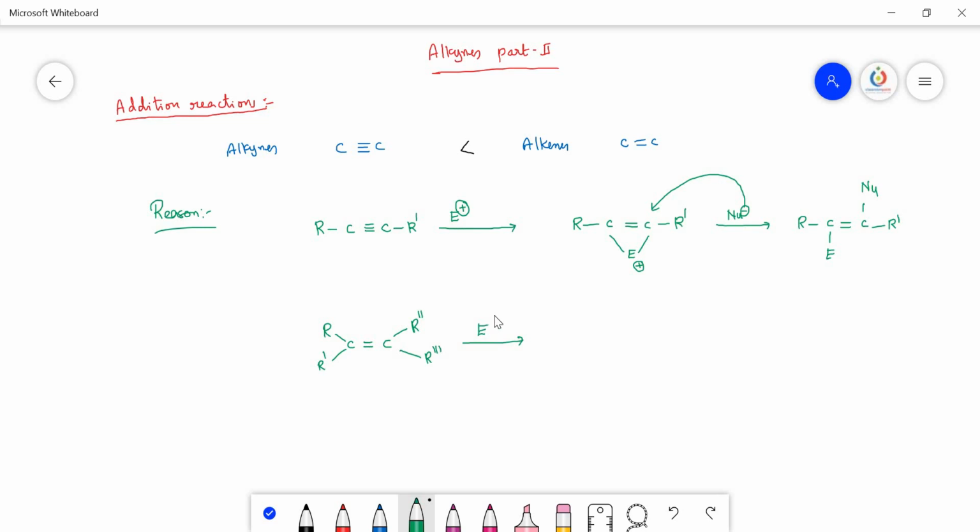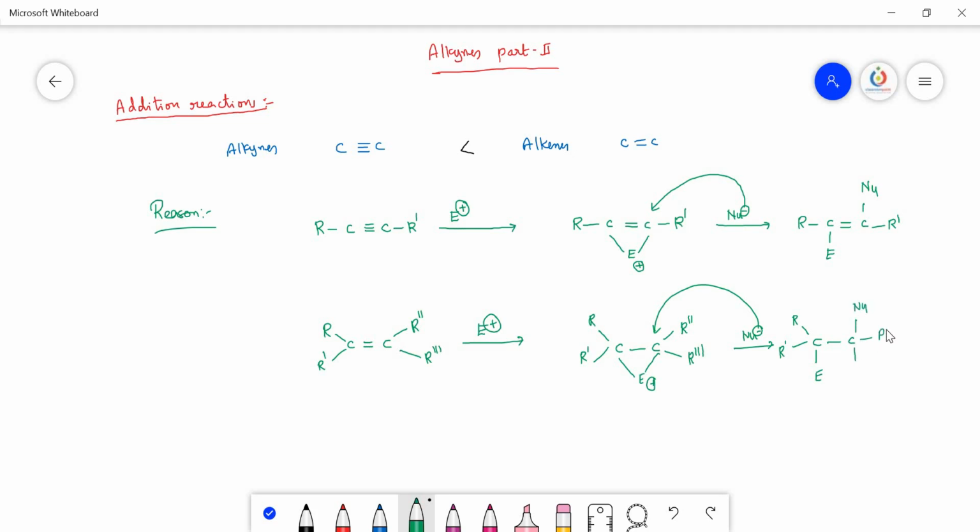When the electrophile attacks these double bonded carbon atoms, it forms an intermediate structure which is far more stable than the intermediate formed in the case of alkynes. Later nucleophilic attack will be there, and that will be a different task, to open the structure. The mechanism pattern looks similar, but the stability of the intermediate differs from alkynes to alkenes.